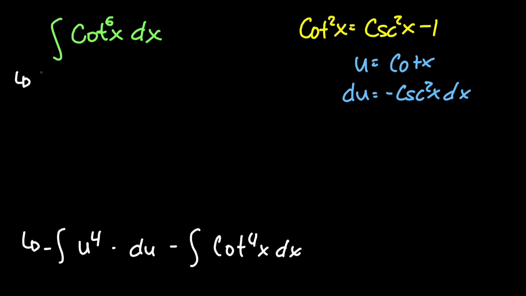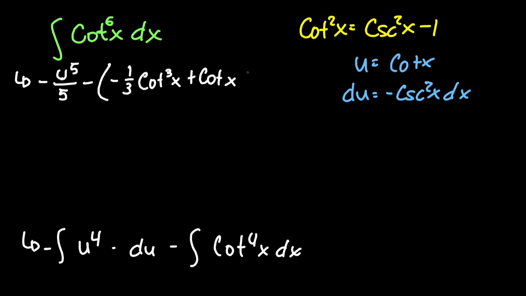The integral of u to the power of 4 is u to the power of 5 over 5. And the integral of cotangent to the power of 4 of x, as we have solved once again earlier, is equal to negative 1/3 cotangent cubed of x plus cotangent of x plus x plus the constant of integration.